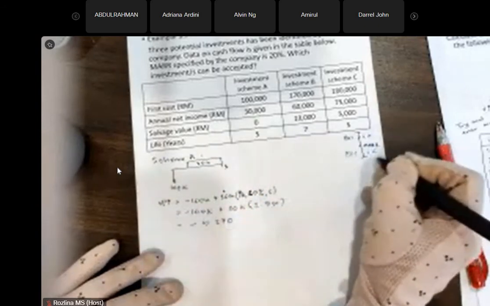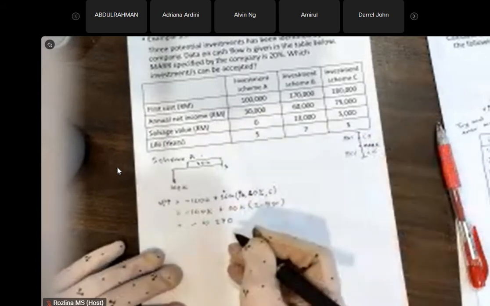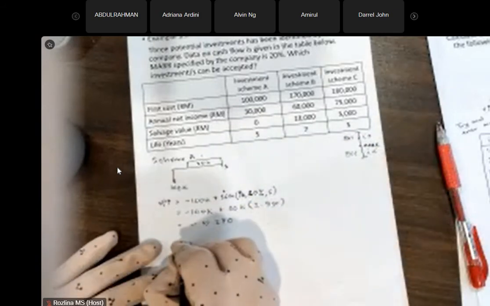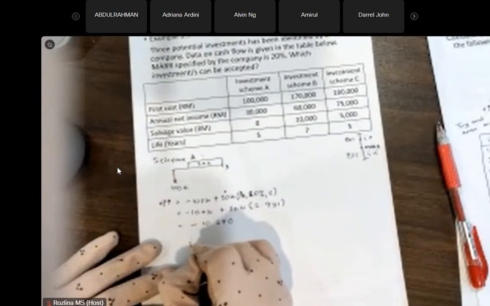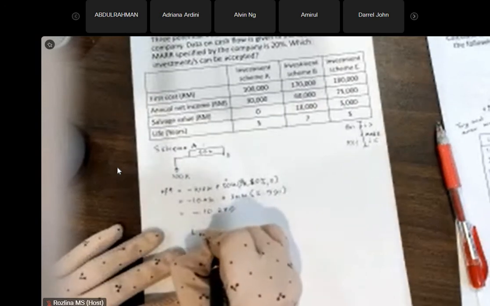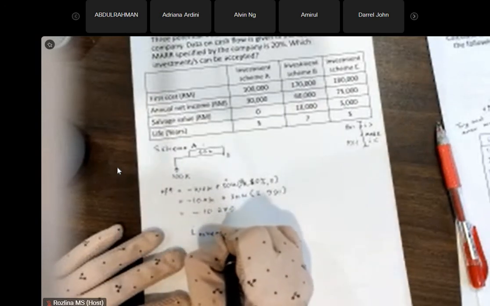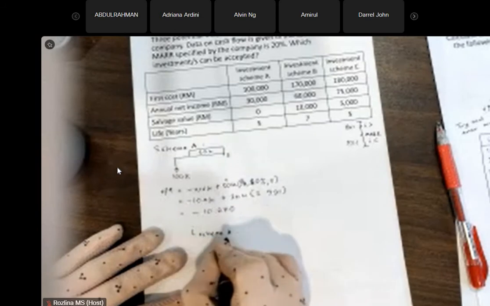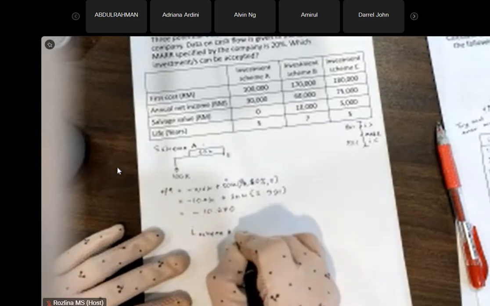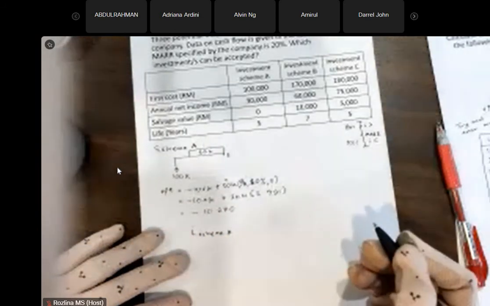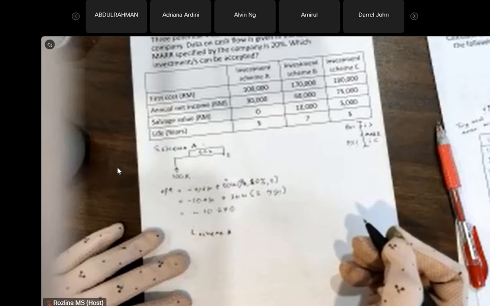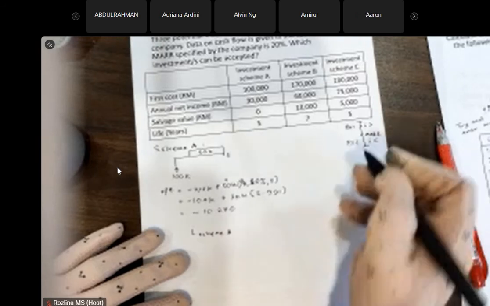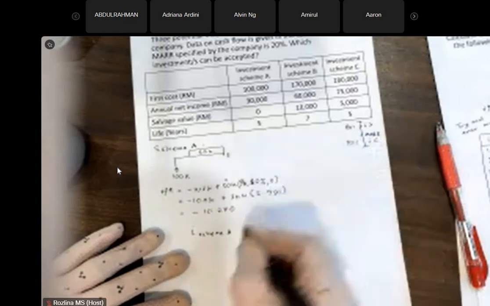I for scheme A, is it less or more than MARR? Less than. It is less because it is negative.